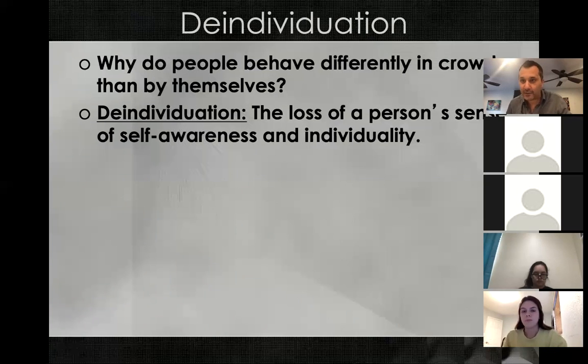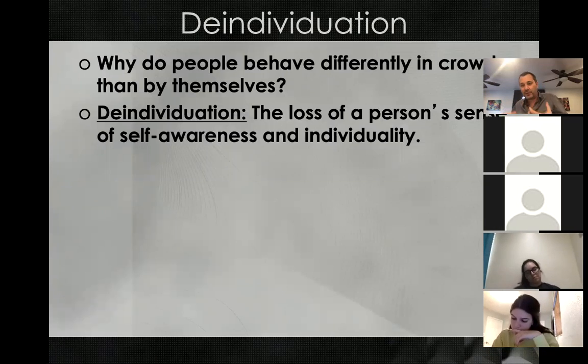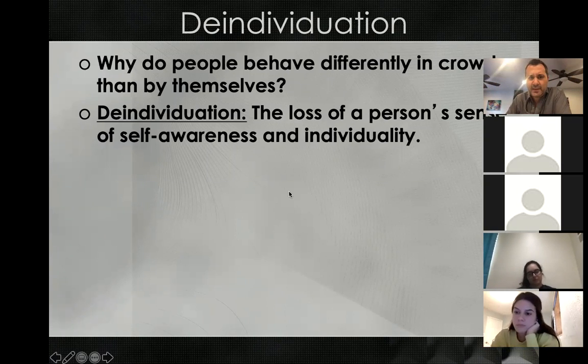You've got constraints against your deviant behavior. But when you become de-individuated, those constraints get lessened. It's not that de-individuation makes you aggressive, but rather de-individuation removes the constraints that keep you from normally being aggressive. And when they're removed, that gives you the freedom to behave more aggressively. That's the basic idea behind de-individuation.